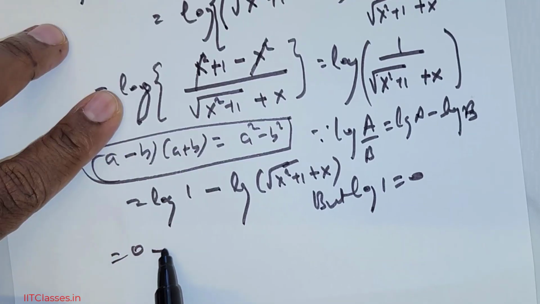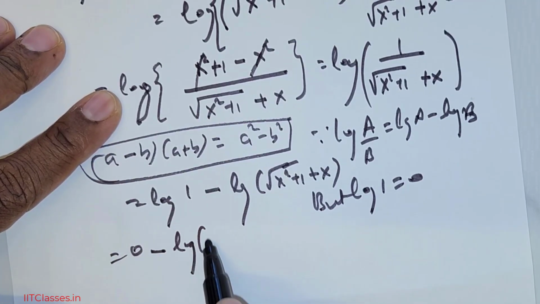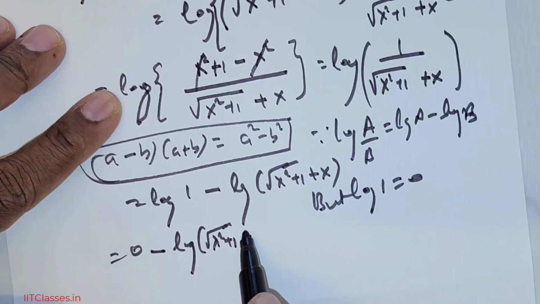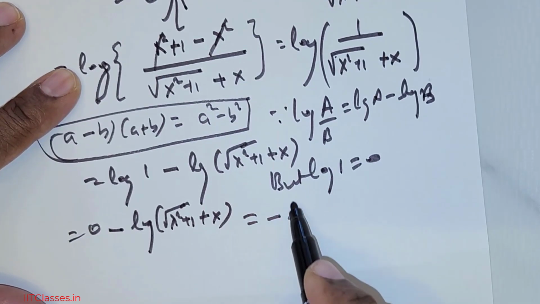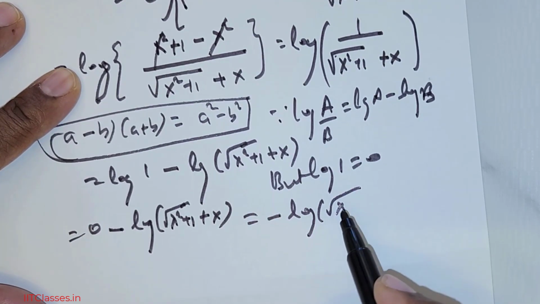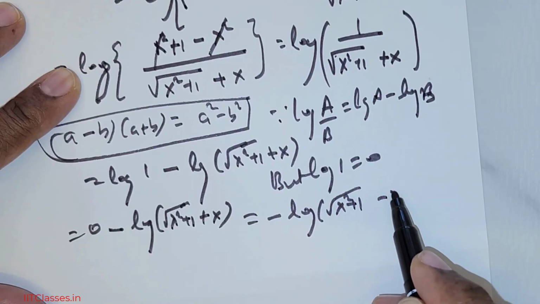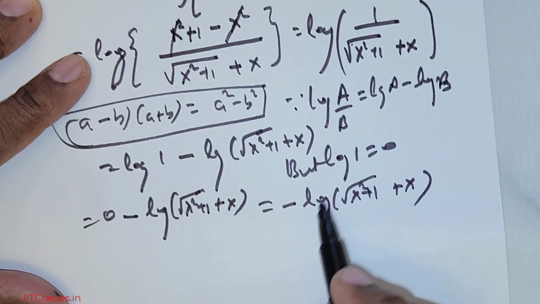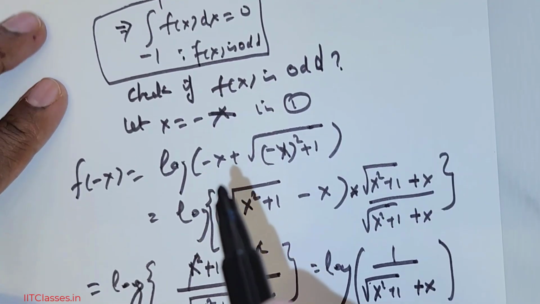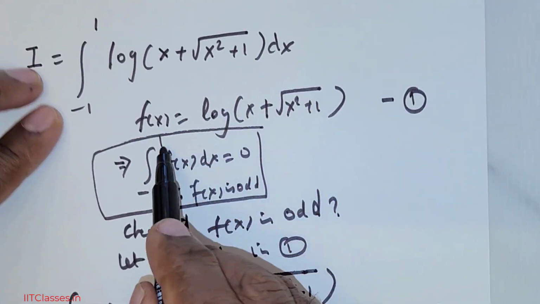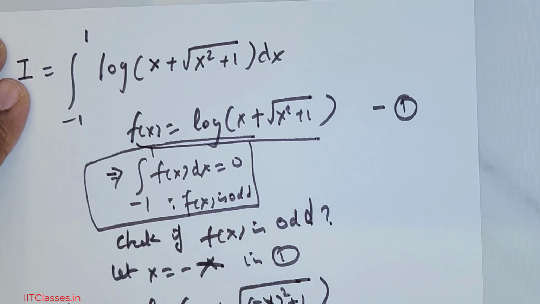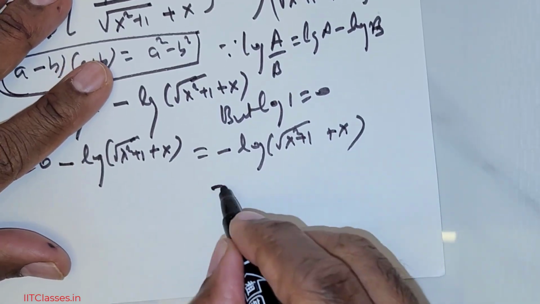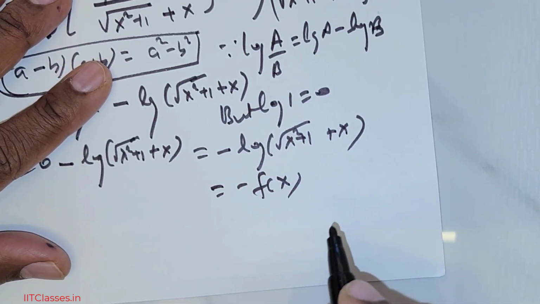So this is 0 negative log of (root of x squared + 1 + x), which can be rewritten as negative log of (root of x squared + 1 + x). But what is this? This is the original function. You see here? So this is equal to negative f of x.